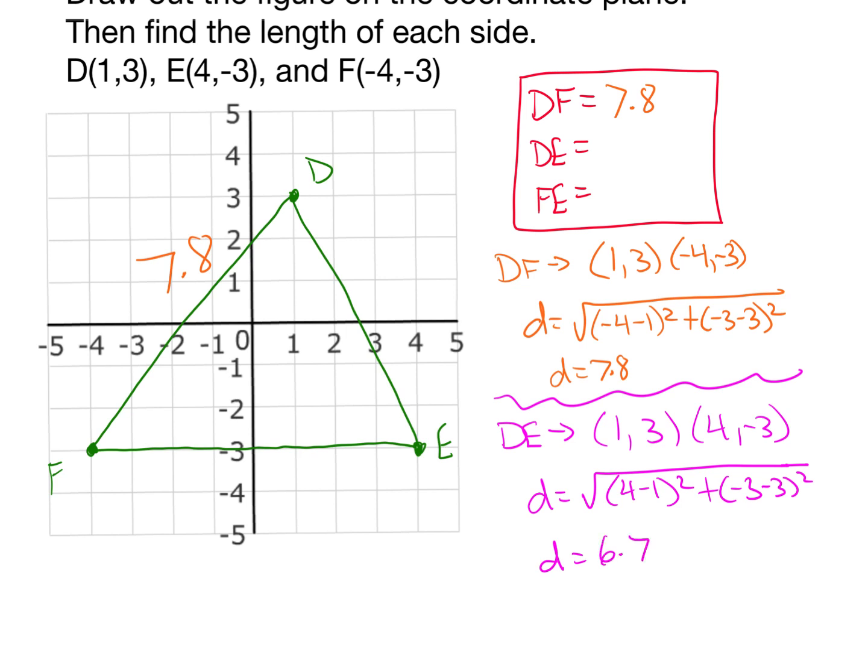So DE is 6.7. And the last one, FE. What do we do to find that one? Just count them, right? So 1, 2, 3, 4, 5, 6, 7, 8. And that's all that we're doing for today.